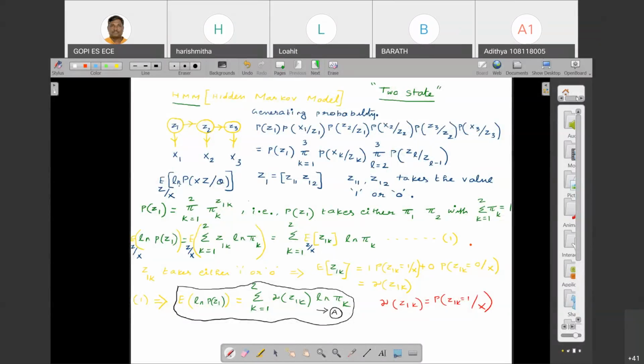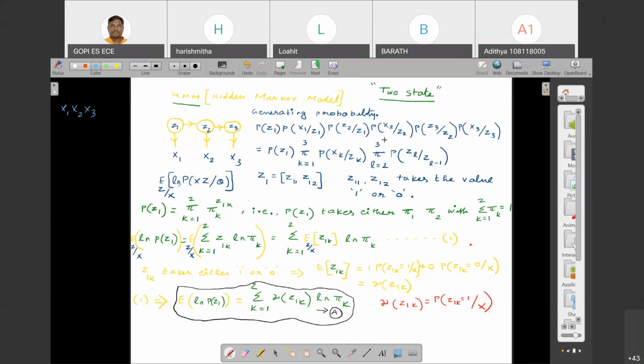Okay, we start now. We are discussing this HMM, hidden Markov model, right? So we have the sequence of vectors like x1, x2, x3.